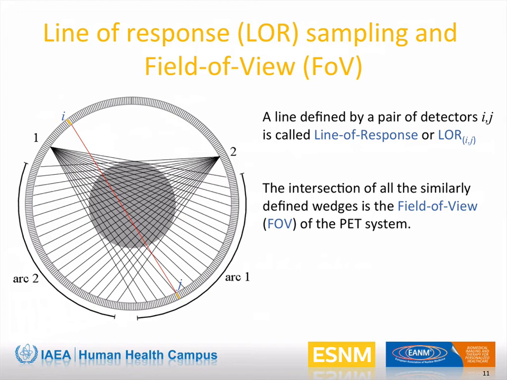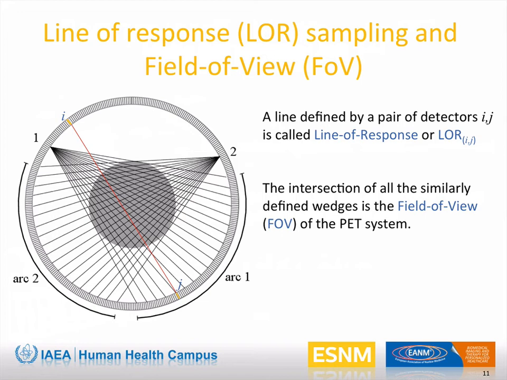A line defined by a pair of detectors i and j is called line of response, or LOR, of detectors i and j. The pair ij is acceptable only if the detector j belongs to an arch of detectors opposing detector i, thus defining a sort of wedge, as shown in the picture.